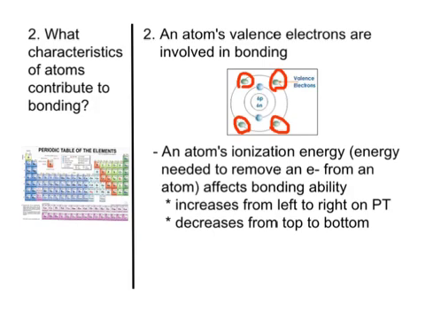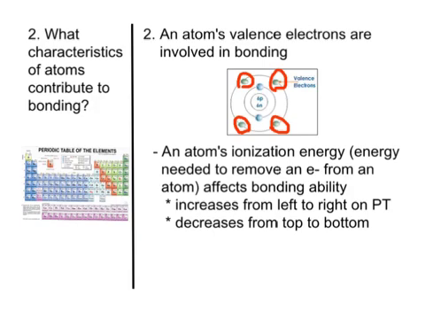If atoms have low ionization energy, meaning that it's very easy for atoms to lose their electrons, then they will be making one certain type of bond. But if they have very high ionization energy, meaning that it's very hard to take away the electrons of an atom, then they're going to join with different kinds of atoms to make certain bonds.